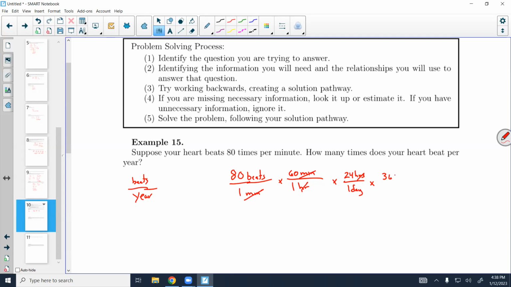And for now, it's not leap year, so there are 365 days in 1 year. So that kills the days. Note we have beats and we have year. So now we just need to do the multiplication. 80 times 60 times 24 times 365 over 1 times 1 times 1 times 1. That's going to be rough.